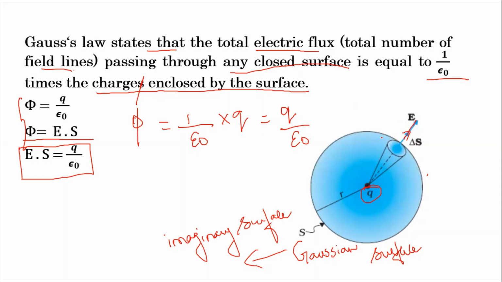The same thing is true for all parts of the Gaussian surface, so that this law is valid for the surface enclosing Q. Again, Gauss law states that the total flux lines passing through any closed surface is equal to 1 by epsilon naught times the net charge enclosed by the surface.